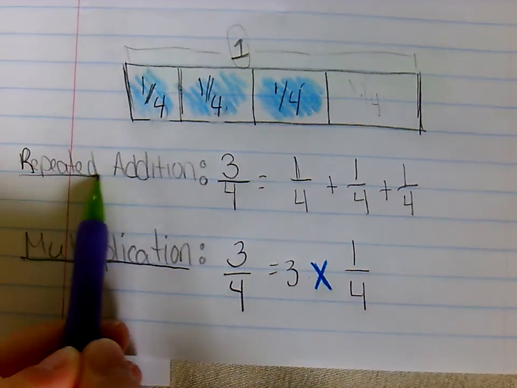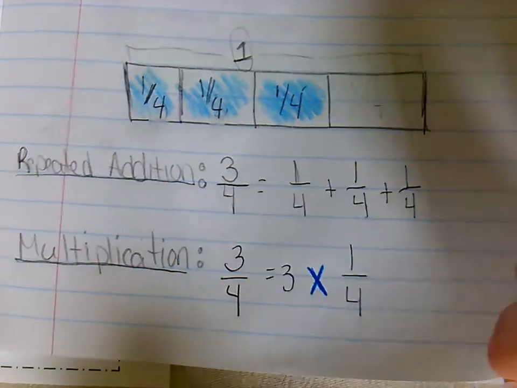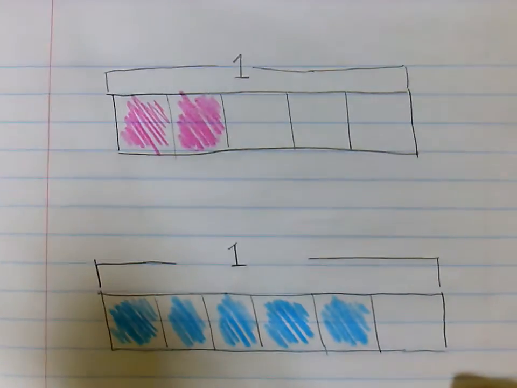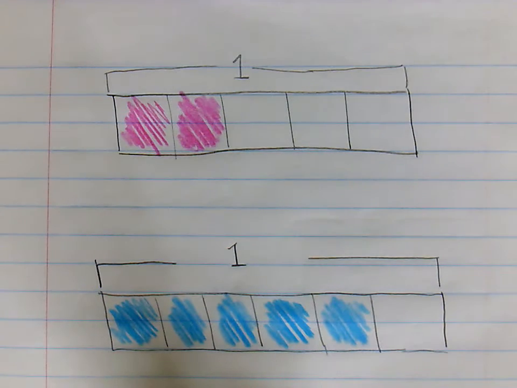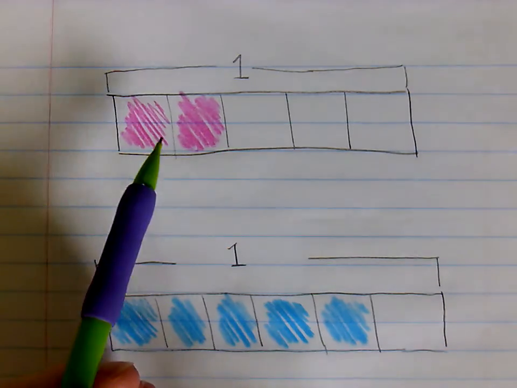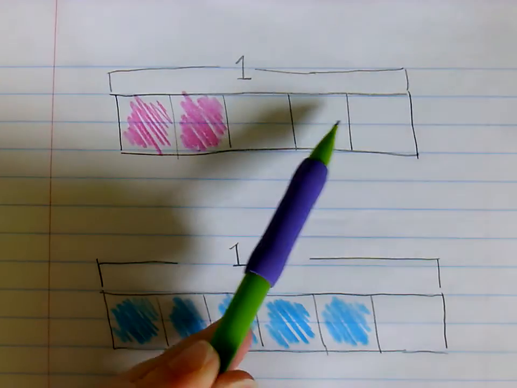So we took it from repeated addition to multiplication. I'm going to flip over, and we're going to look at this pink guy up there. Take a minute and check out the whole. How many equal pieces are in the whole? Let's count them: 1, 2, 3, 4, 5.